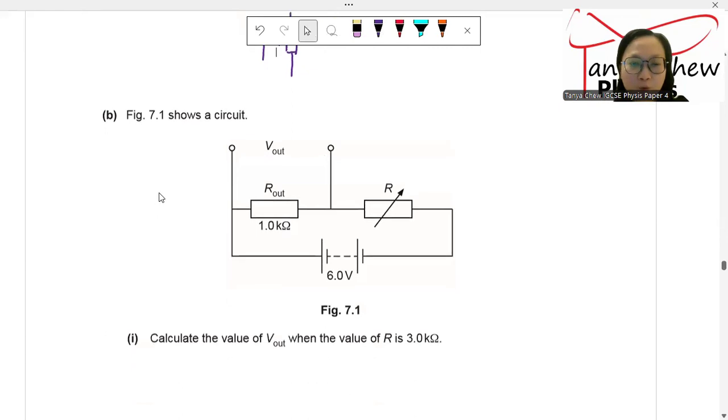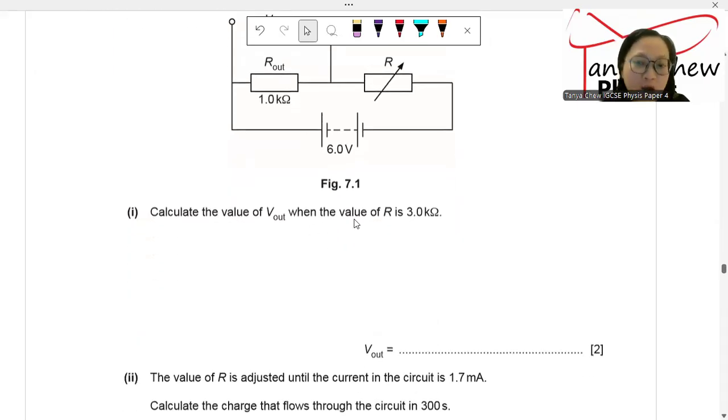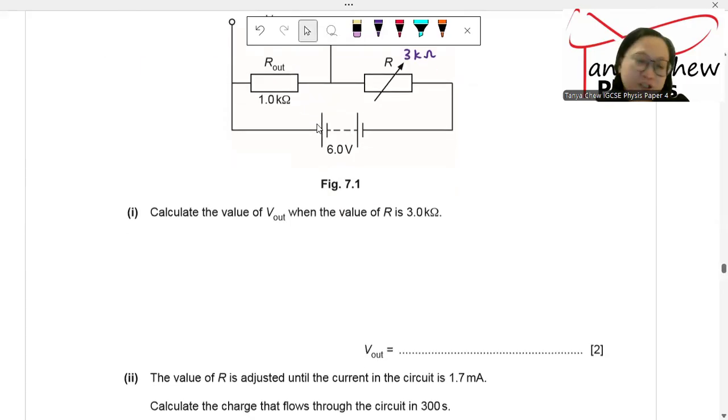B, fig 7.1 shows a circuit. Calculate the value of the V output, which is being connected to R output. Can you see that? The value of R, the variable resistor, is 3 kilo ohm. Now, the potential divider concept is just a ratio.